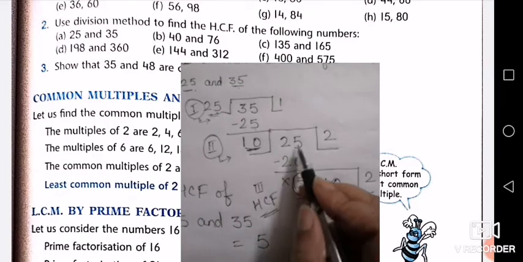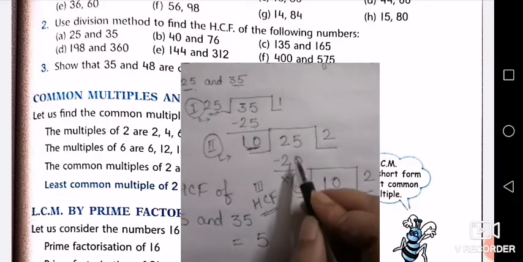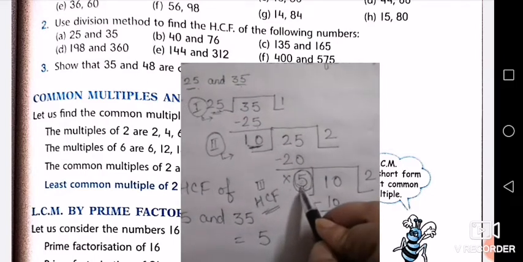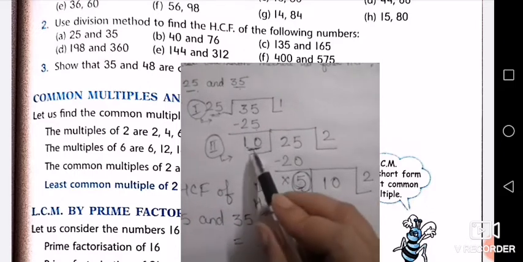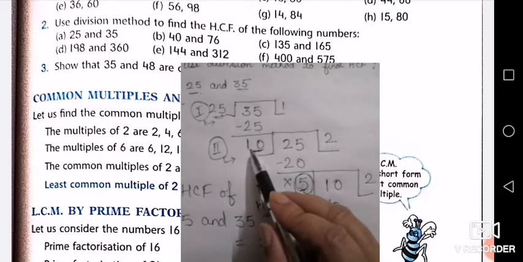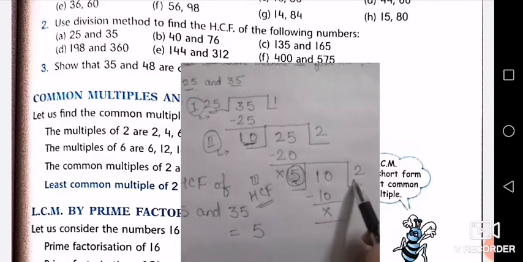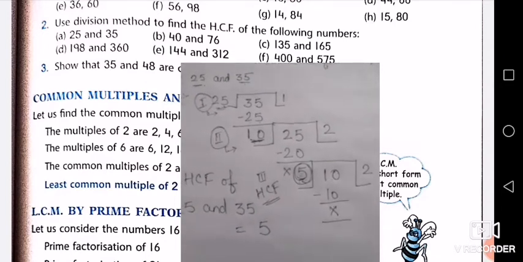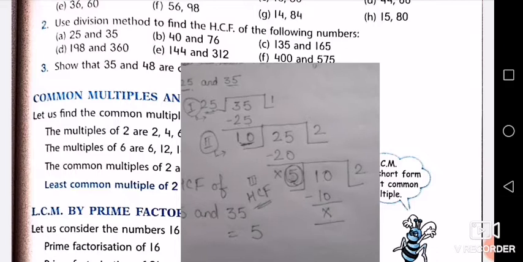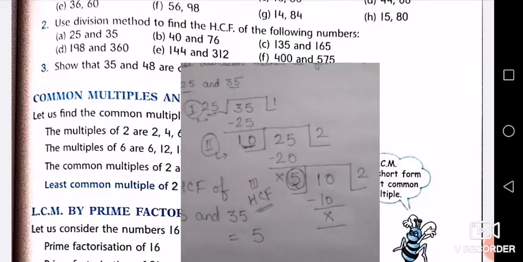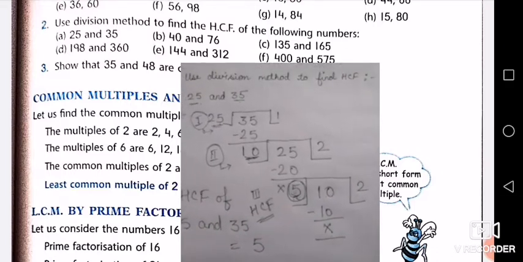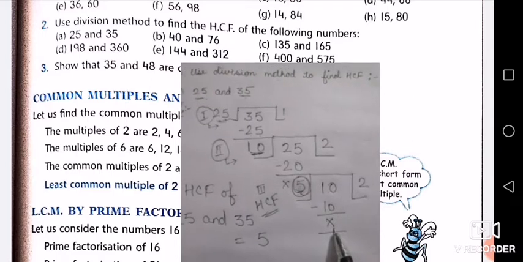The remainder which you get after the second step will become your divisor, and the divisor of the second step will become your dividend. Do the division again, or continue the division until you get 0 as a remainder.